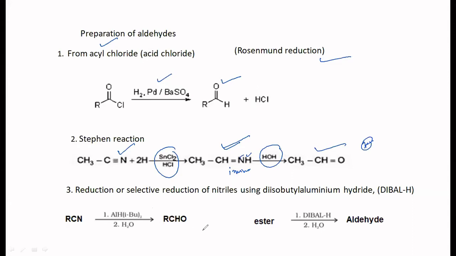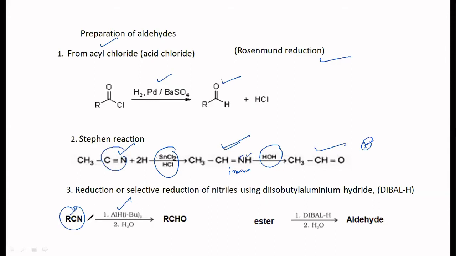And if you want to reduce only the nitrile group and not the other functional groups, if present in the compound, then you can use diisobutyl aluminium hydride. This is a very mild reducing agent, and it can be used for the reduction of only cyanides.